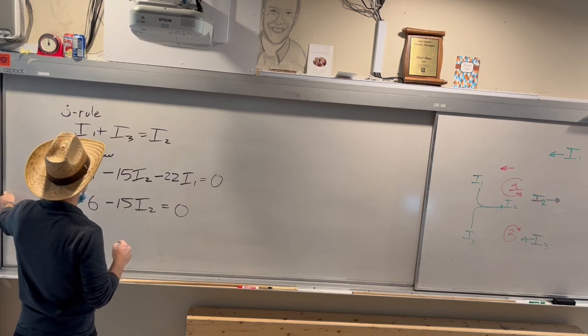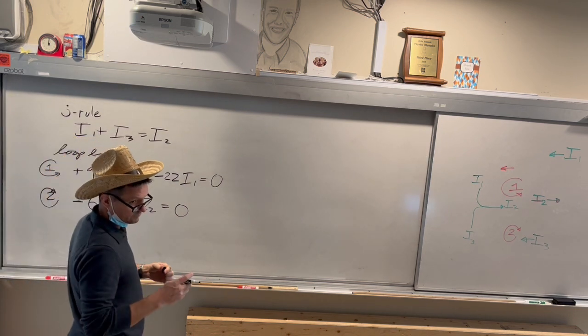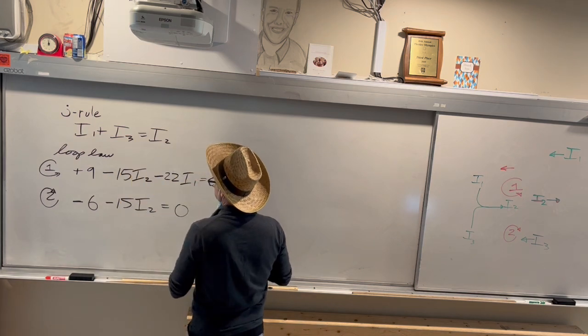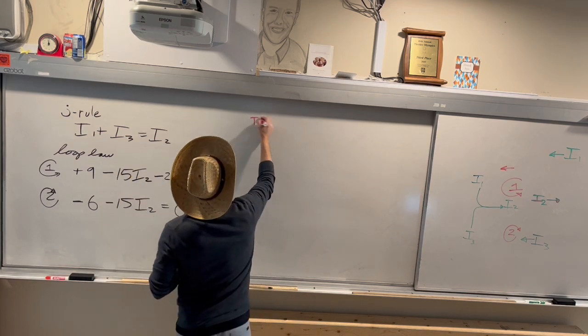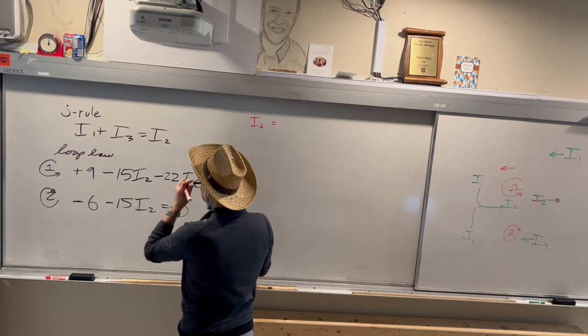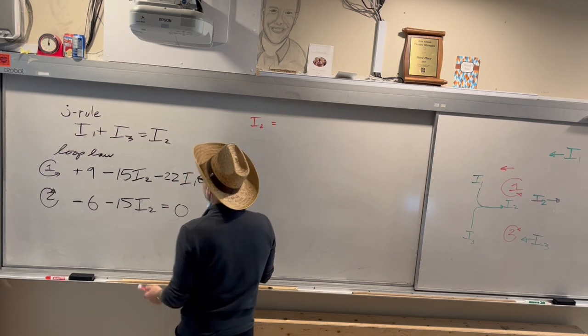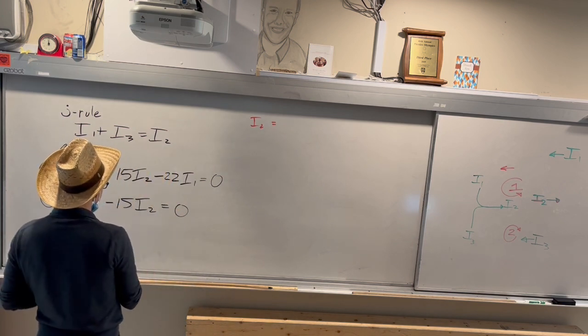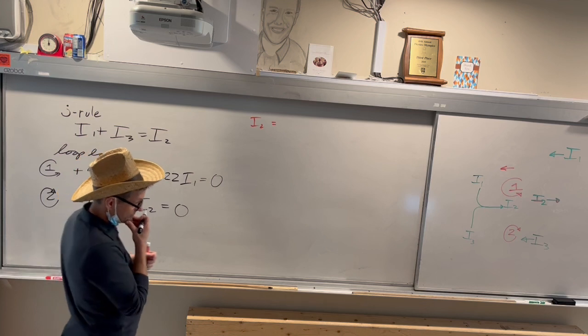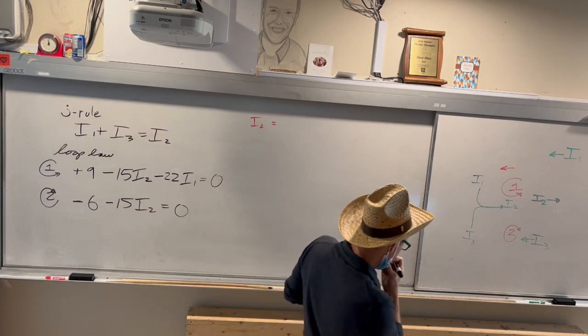Wait, if your I2 is negative, then it goes the wrong way. Yeah, I got it. My I2 is negative. Oh, it is negative. You just make it positive now?